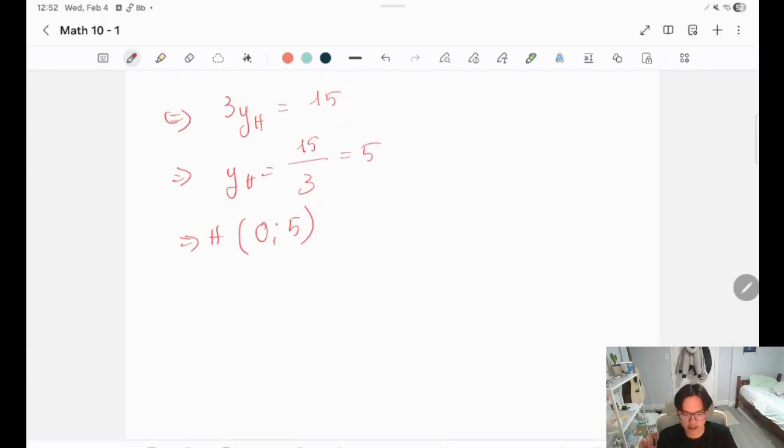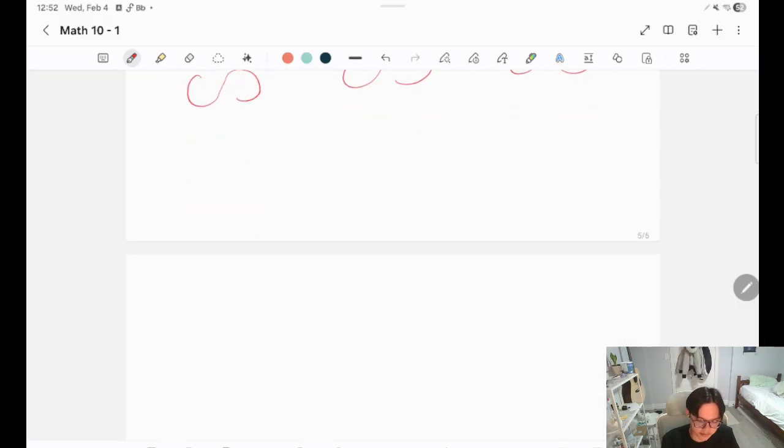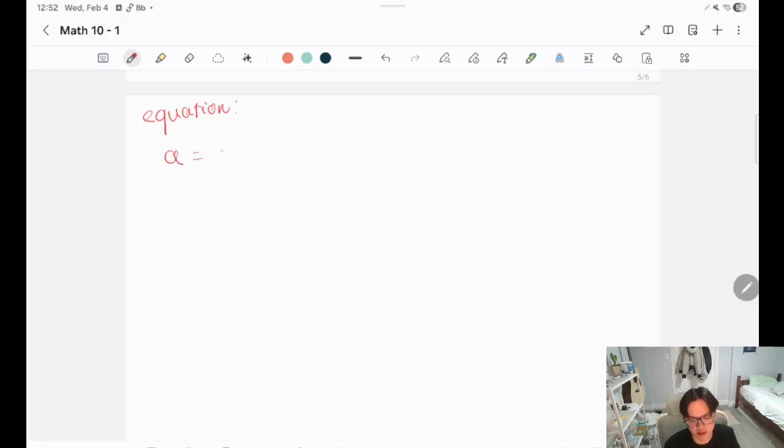So at the end of this lesson, I just want to make some conclusions. An equation needs to have an equal sign. A equal to B is an equation, right?